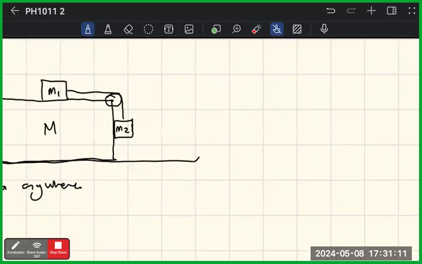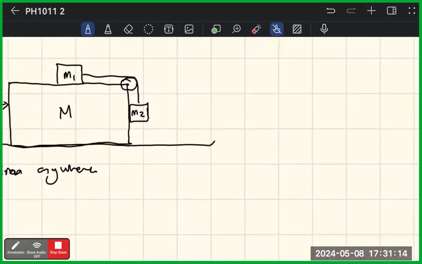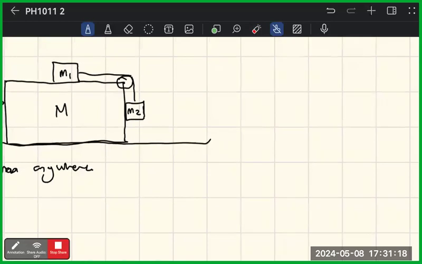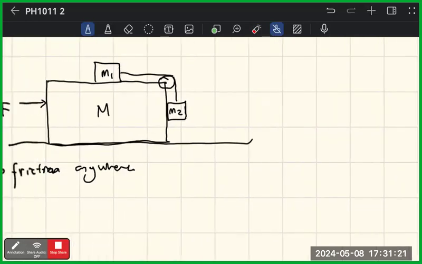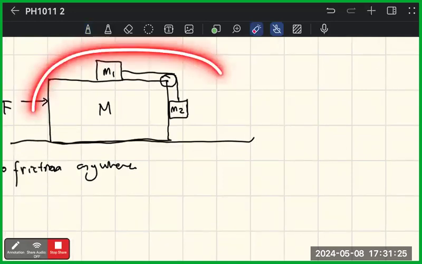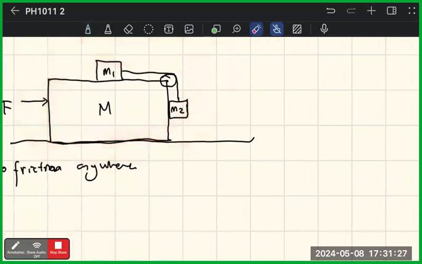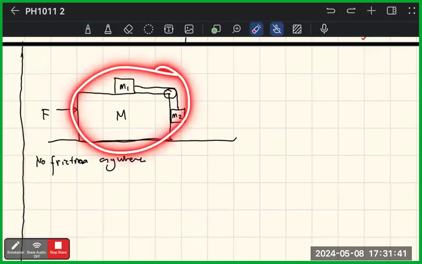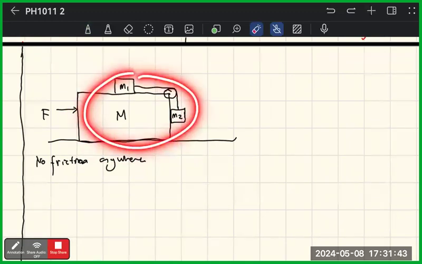So now, as I said in the first session, for this kind of question you just have to draw the free body diagram first. If you have this three-object system, you don't have to draw it one by one, because if you see this as a whole system, they're not moving relative to one another.